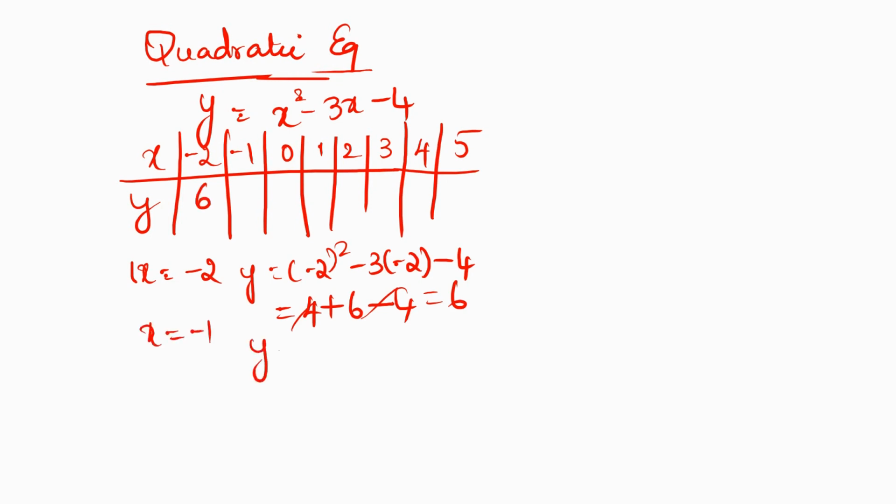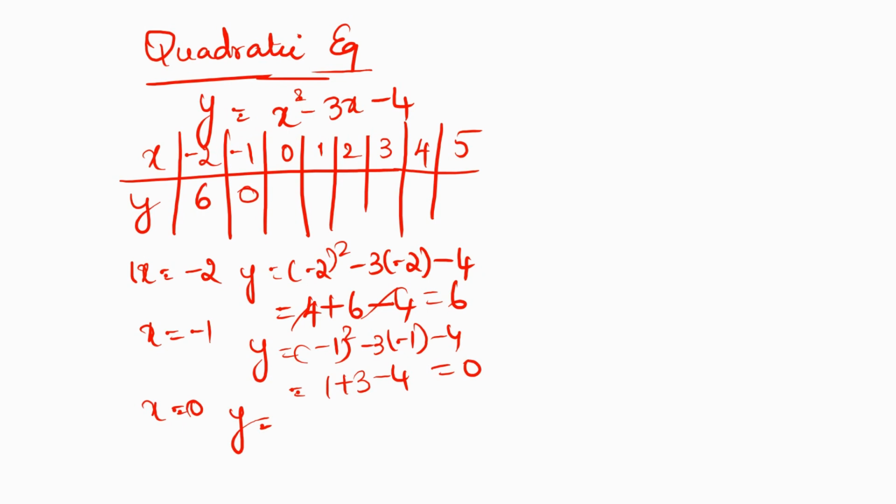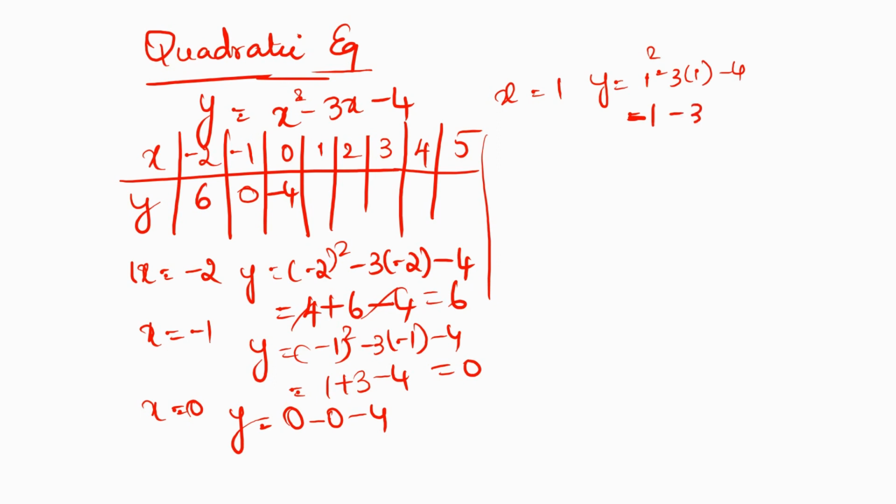For x equal to minus 1, I got y equal to 0. For x equal to 0, I got minus 4. For x equal to 1, I got minus 6.